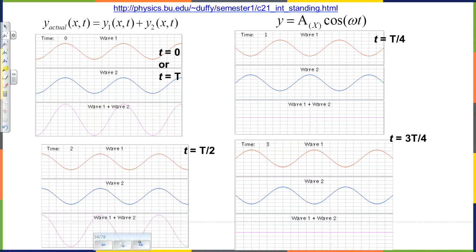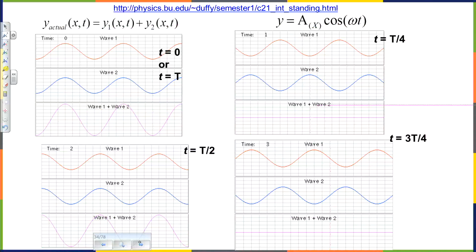But then different parts of the string move, and we can see something like this. And from this, for example, to this, we should wait a quarter of a period. This is one period: 0, quarter, half, 3/4, and back to initial.